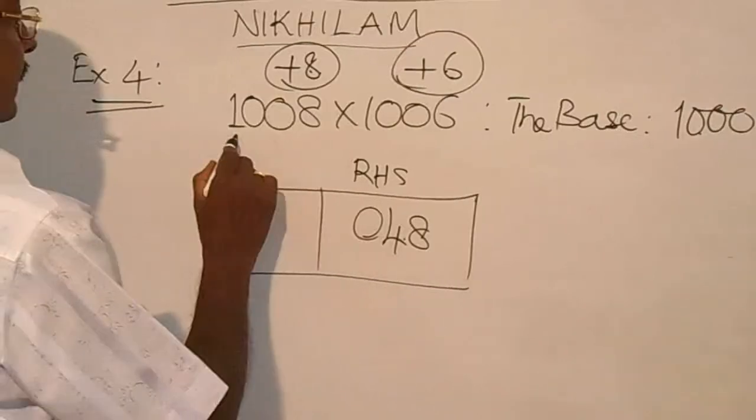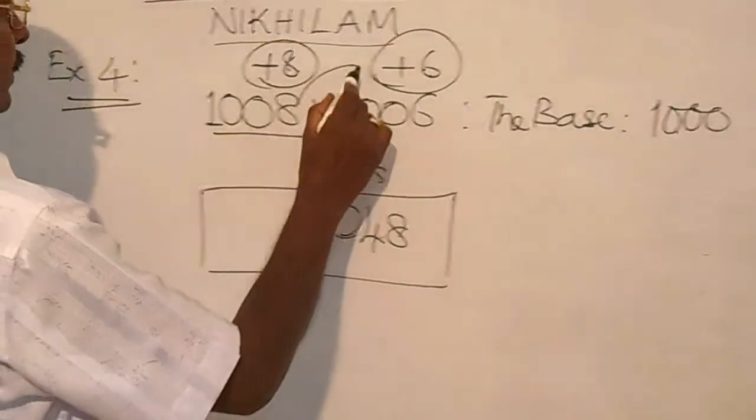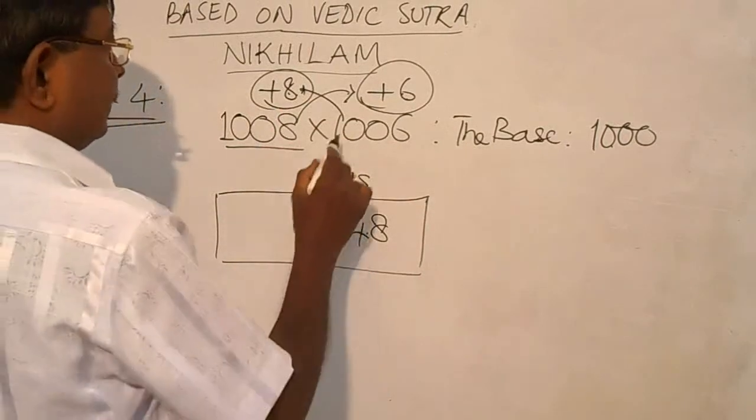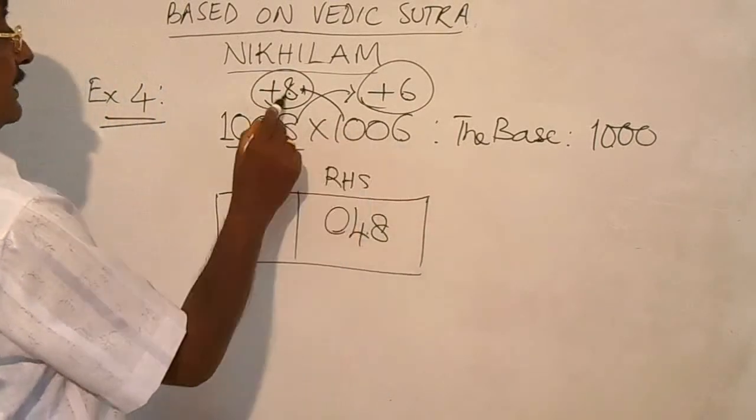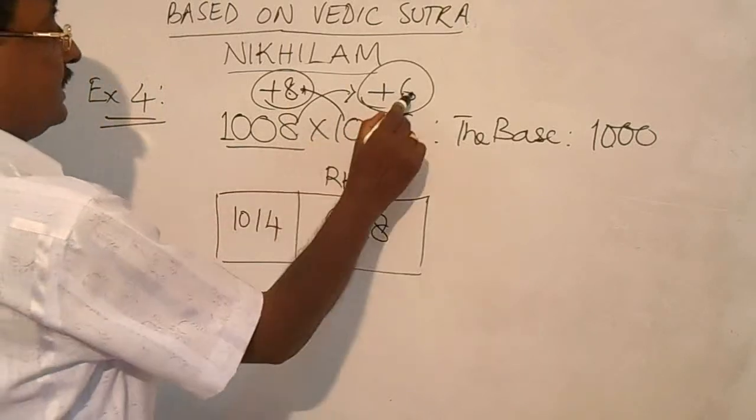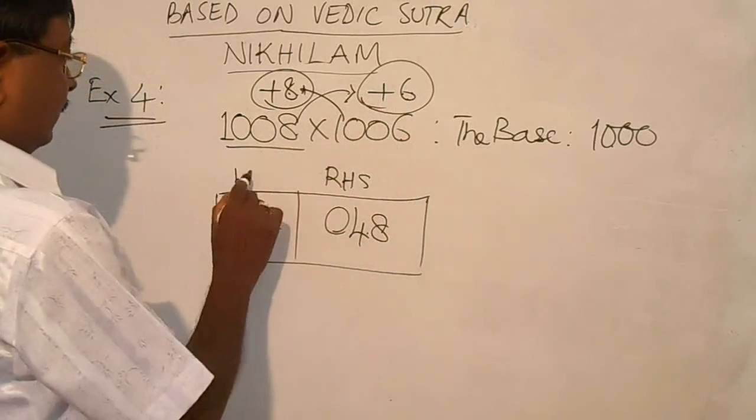Next, crosswise, I should perform the task based on the symbol: 1008 plus 6 is 1014, forming the LHS.